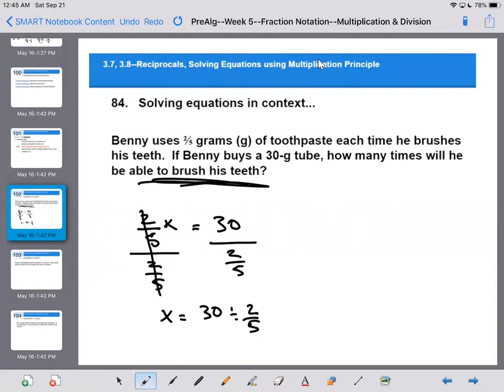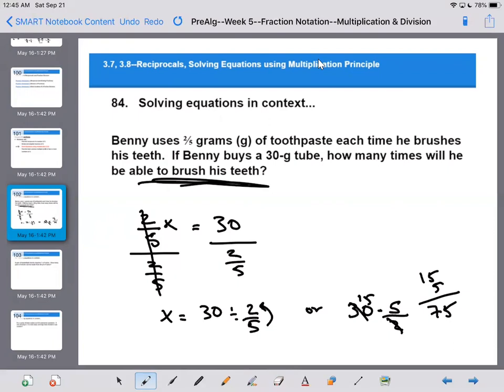Remember, we can get common denominators, or we can multiply by the reciprocal of 2/5, which is 5/2. 2 will divide 30 15 times. 15 times 5 is 75. So he can brush his teeth 75 times if he's using 2/5 of a gram when he's got 30 grams.